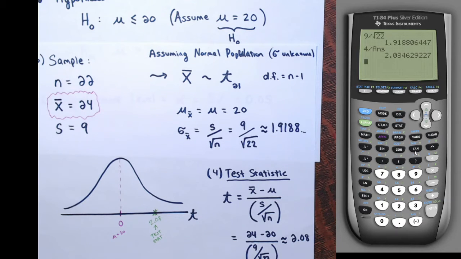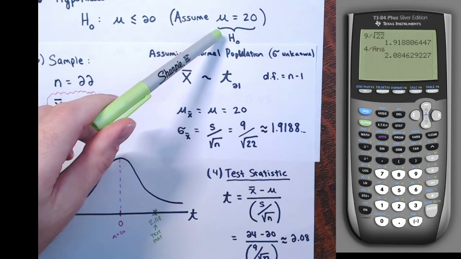Because if the mean were 20 and I took a sample, you'd think it would be relatively close to that middle, right? You'd think it'd be relatively close to 20. But if I assume the mean is 20 and take this sample, and if the mean is relatively far away from 20, then chances are that assumption is bad and we'll reject it.